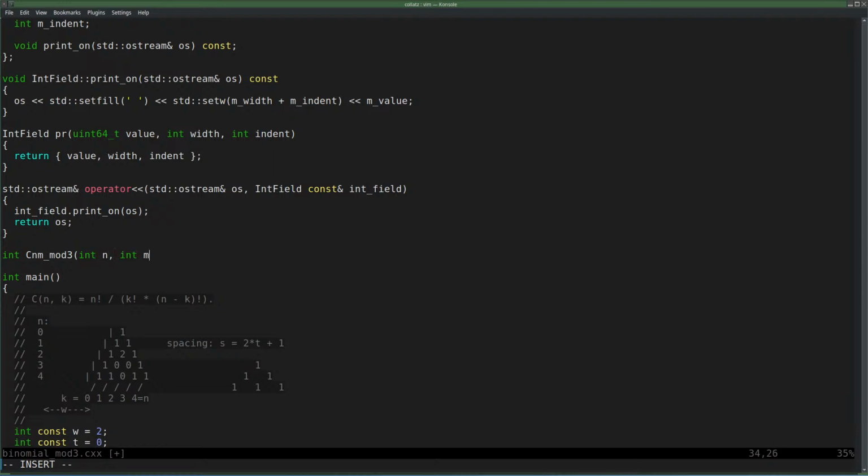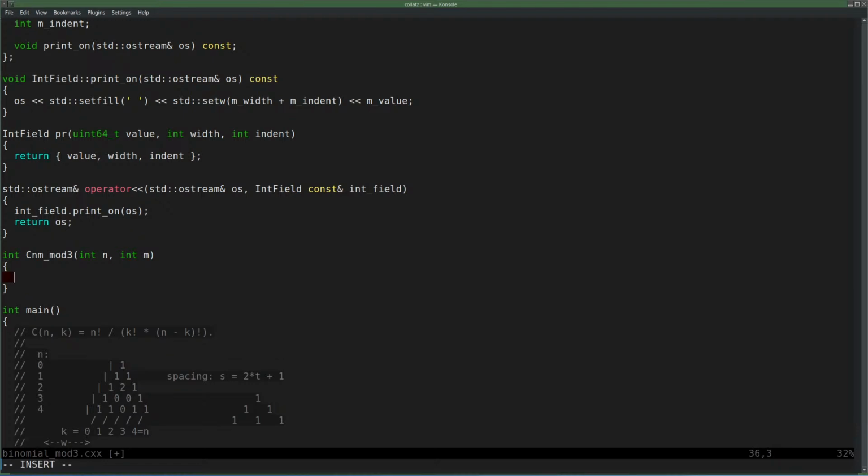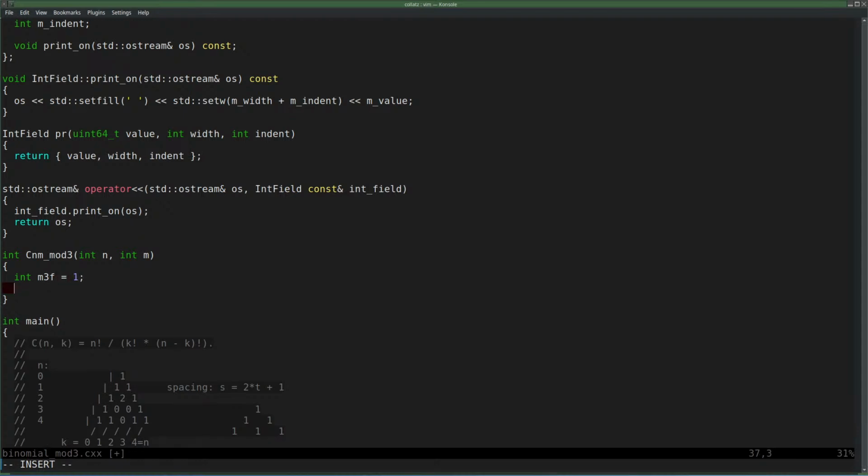Okay, to an m, and then we're going to remove the modulo of 3 of that. How shall we do that? I think I need a modulo 3 factor. Let's say we begin with a modulo 3 factor of 1, which then in the end I return.